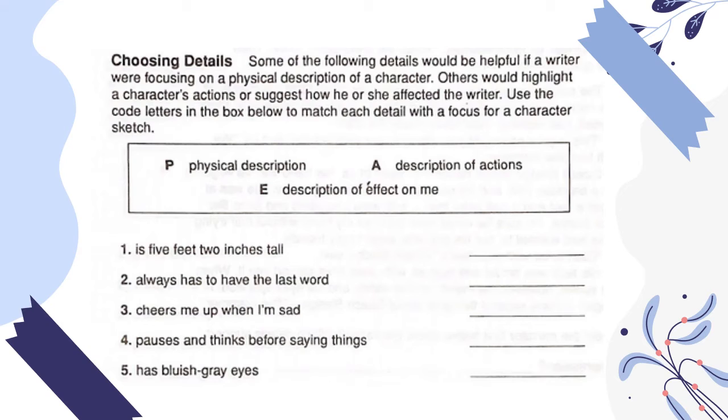Okay, so number 1 is 5 feet 2 inches tall. Which one would that be of the 3? That would be P, a physical description. Very good. Always has to have the last word.